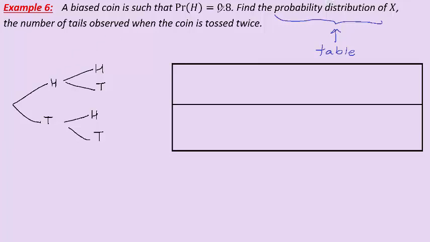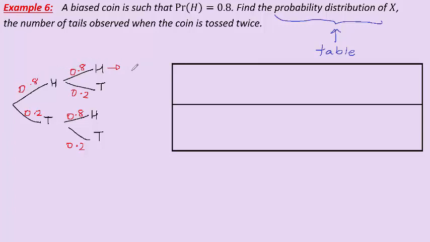The chance of a head here is 0.8, and then the chance of another head is 0.8, and the tail is 0.2. So here we have it: 0.2, 0.8, and 0.2. And we can multiply them out to find two heads.